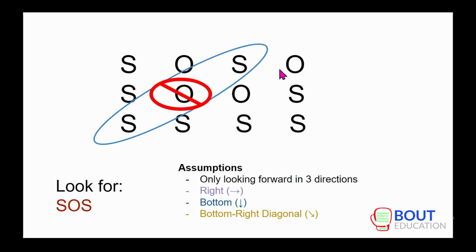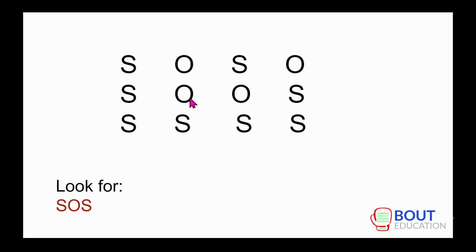All I need to do is go to the right, bottom, or bottom right, diagonally. So this is not a valid case. Similarly, if we're starting at O, let's just say, we don't need to look in both diagonal directions. All I need to look for is right, bottom, and bottom right.